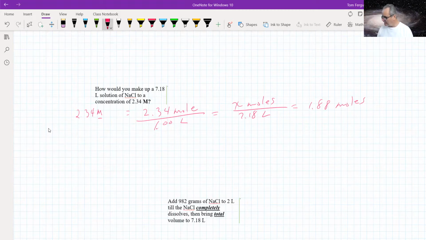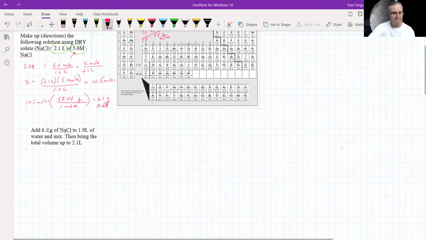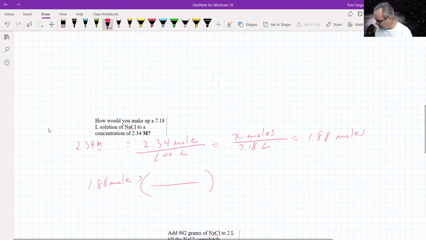So we end up with 1.88 moles times 58.44.